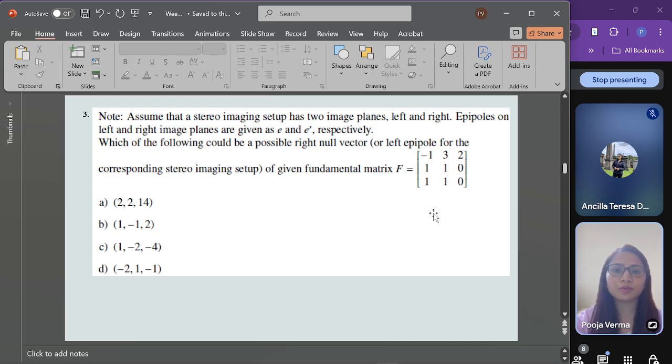Which of the following could be a possible right null vector or left epipole for the corresponding stereo imaging setup of the given fundamental matrix F? The fundamental matrix F is given. What we have to calculate is the possible null vector of the fundamental matrix.